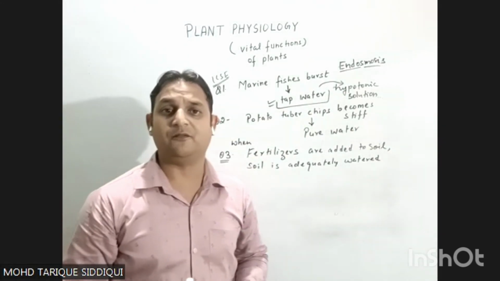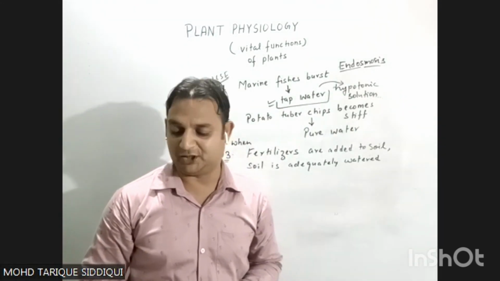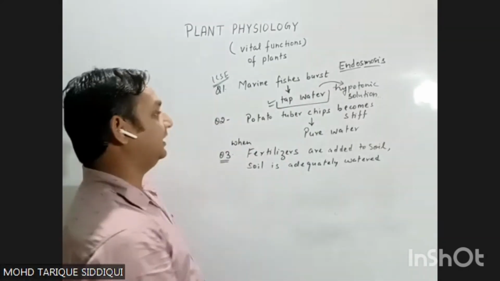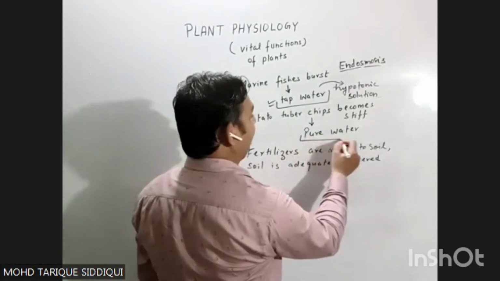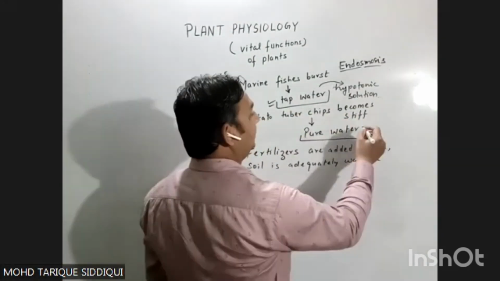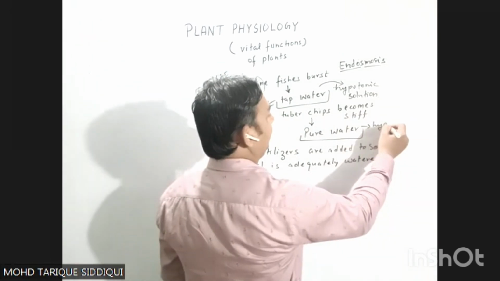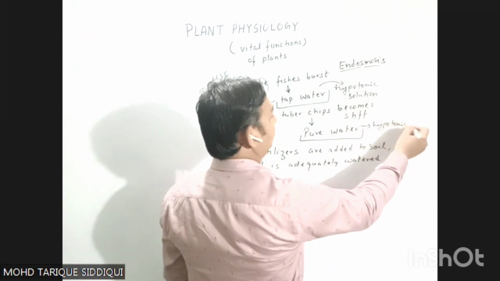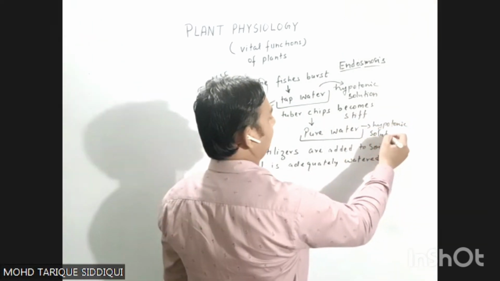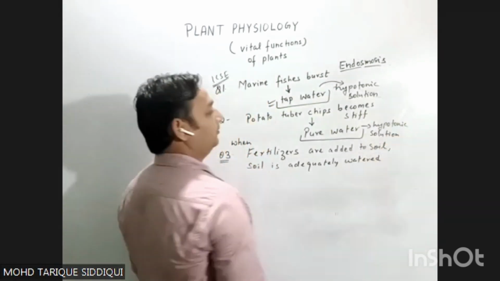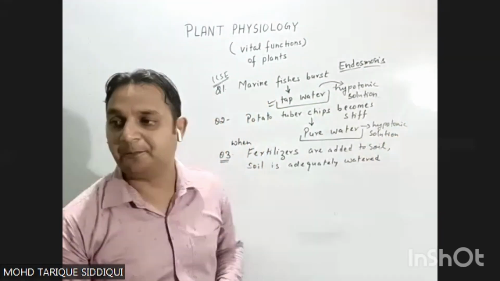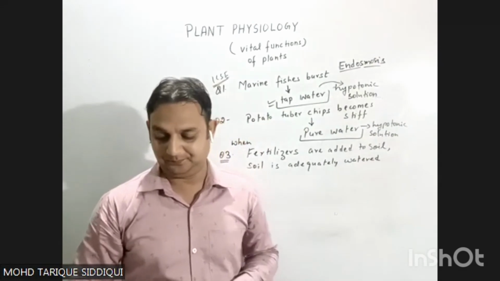Now the second: potato tuber chips become stiff when they are placed in pure water. Again, I have already told you, always remember, pure water is a hypotonic solution.